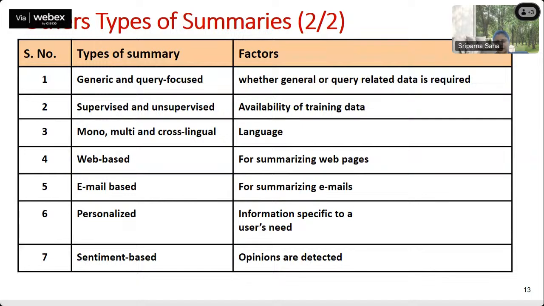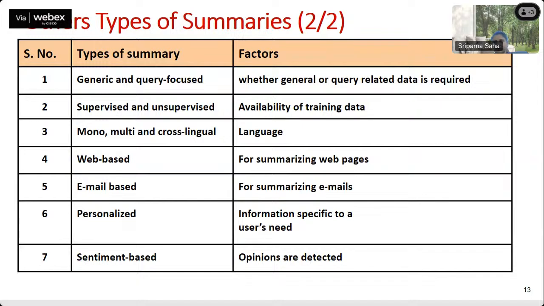Like suppose the query is Apple and the documents are all related to the topic Apple. If you have the original ground truth summary, then we can apply a supervised technique. And if we don't have the ground truth summary, then we have to apply an unsupervised technique.